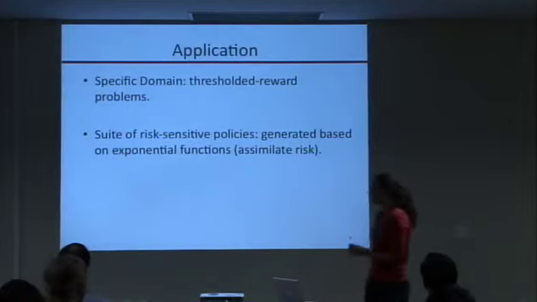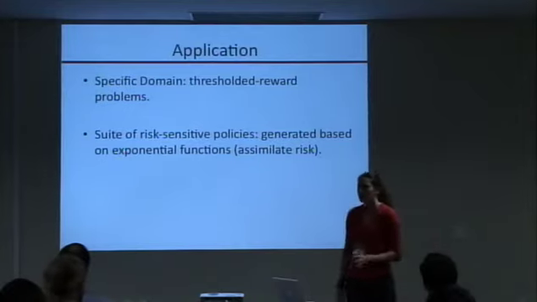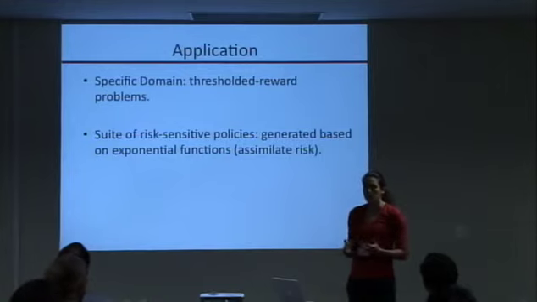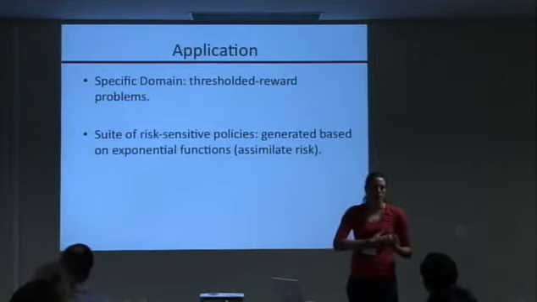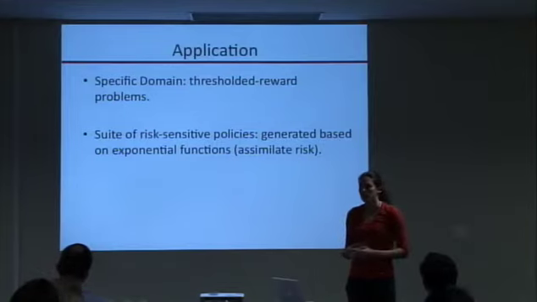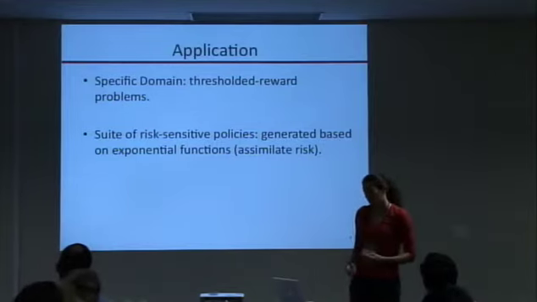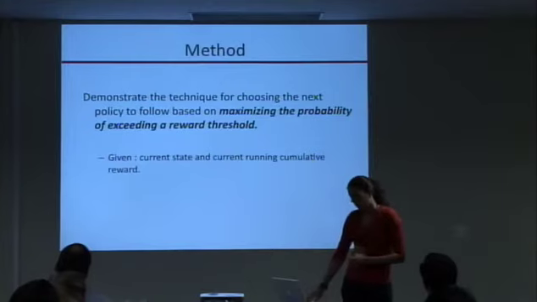The applications that I'll be focusing on in this talk are these thresholded reward domains. Specifically, I'm going to be focusing on a suite of policies of varying levels of risk, and I'll tell you a little later how I'm able to generate these policies.